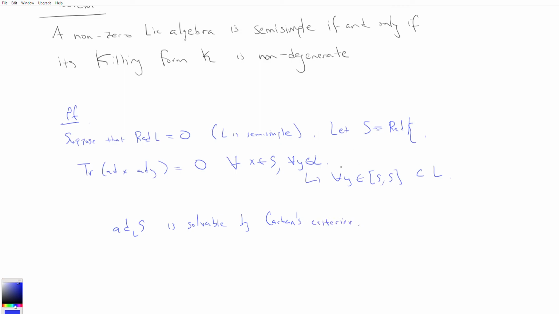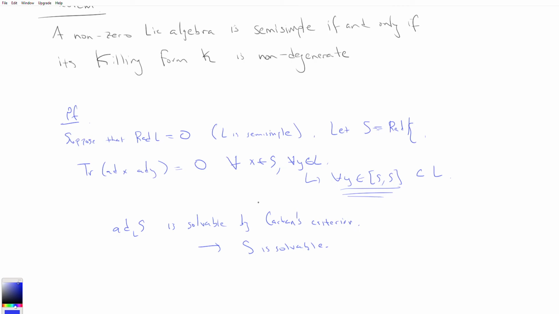And that's why we consider this thing, right? Because that's what Cartan's criterion says: if the trace of ad x times ad y is equal to 0 for all x in S, and for all y in the bracket of S with S, then ad S is solvable, and then it follows that S is solvable. This was the corollary we saw at the end of the last video.